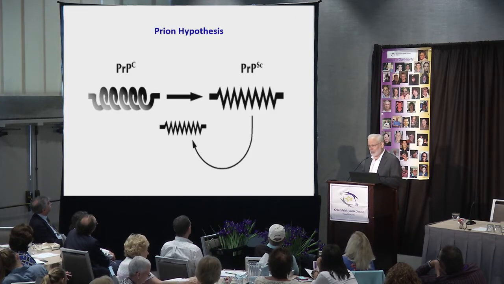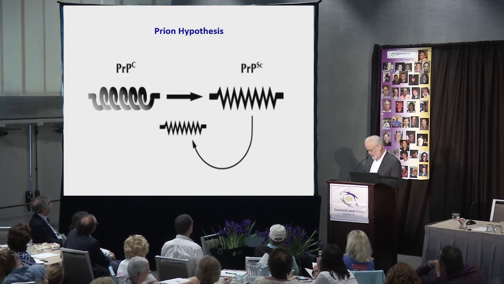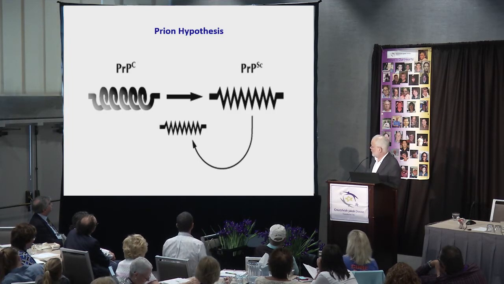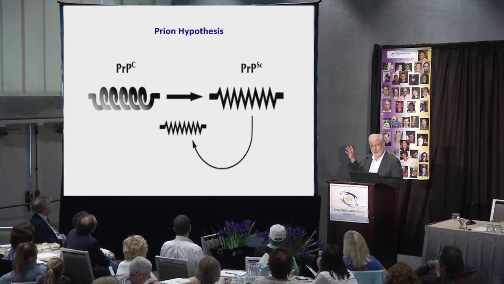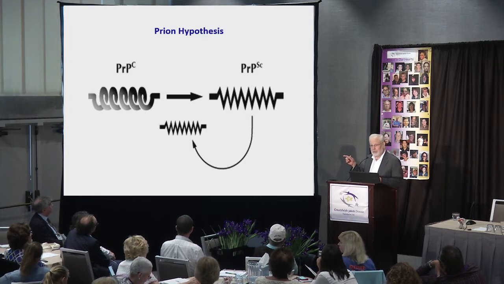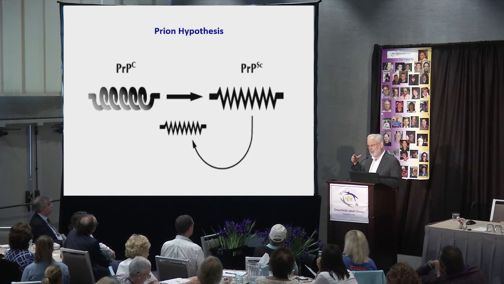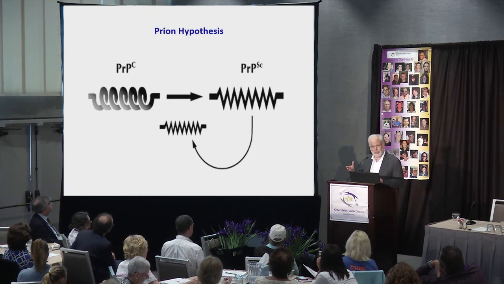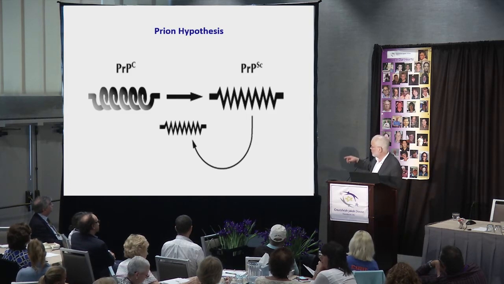This is the Prion Hypothesis, about as simply as it can possibly be reduced. You've seen some beautiful renderings of the normal cellular prion protein. What I've done is to make it look like a bed spring because it is rich in alpha helical content, what a structural biologist would call alpha helical content, all those curlicues.